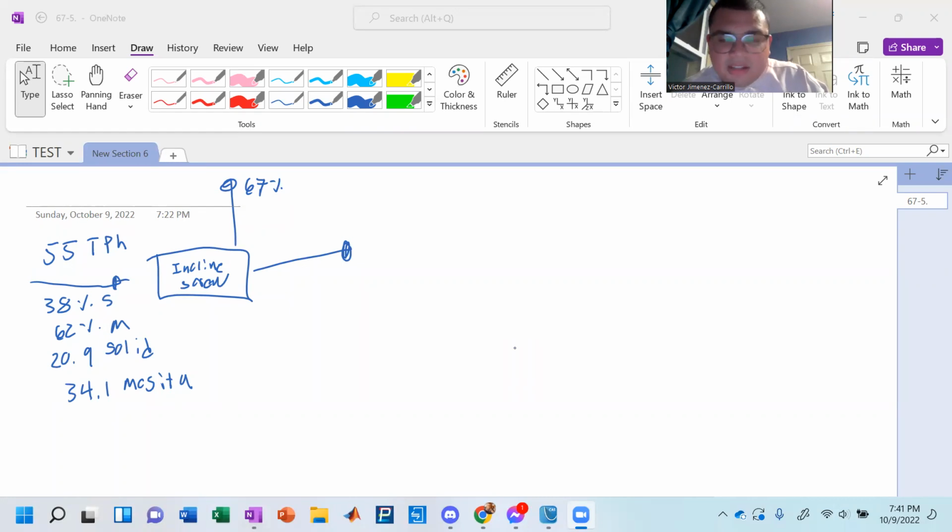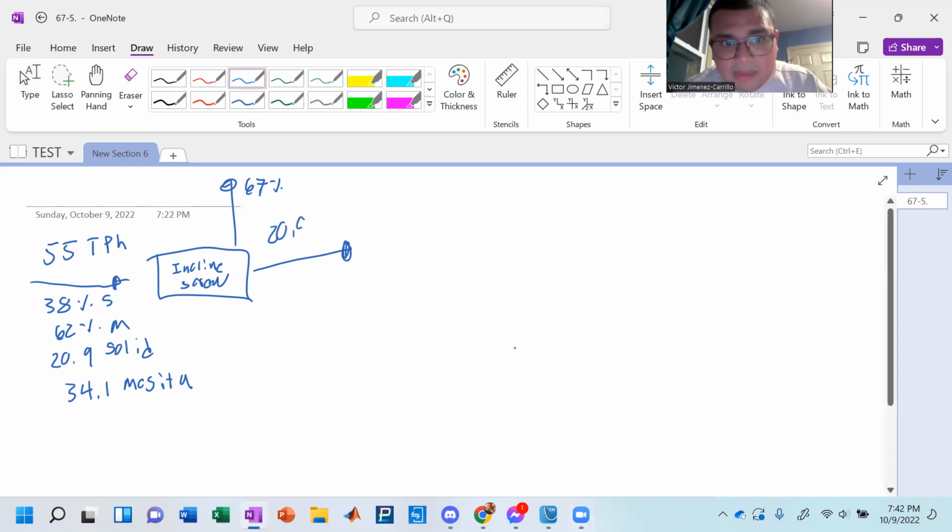So we have 55 tons per hour coming into the system, where it's 38% dry, 62% moisture. So that ends up becoming 20.9 solid and 34.1 moisture. Something that's important, it goes through an incline screw that removes 67% moisture. And keep this in mind, the solids go through just as solids. So 20.9 come out as 20.9 solids. The solids stay the same.